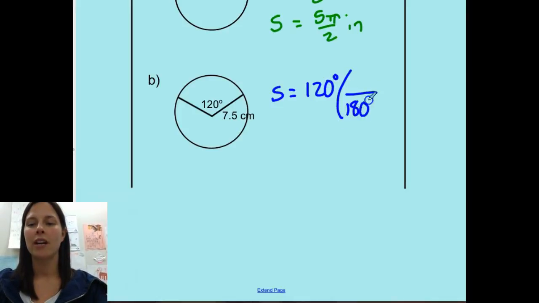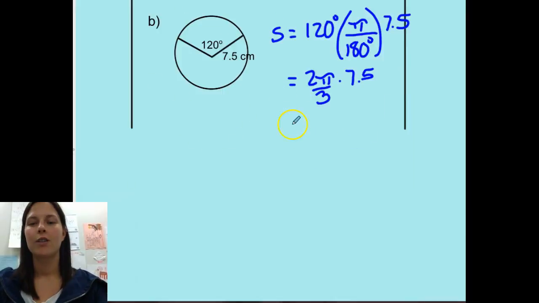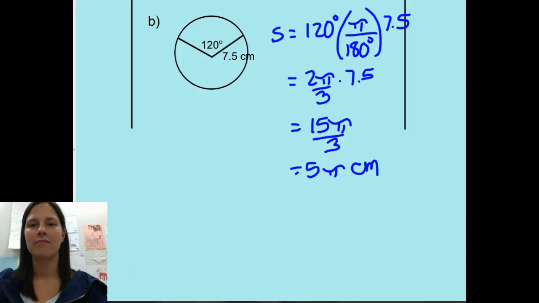So dividing by 180 degrees and multiplying by pi, and then we will multiply by the radius of 7.5 centimeters. 120 degrees is 2 pi over 3 radians times that 7.5. 2 times 7.5 is 15, and 15 divided by 3 is 5. So we would have 5 pi centimeters for the length of our arc.